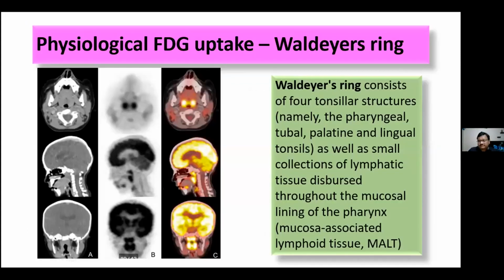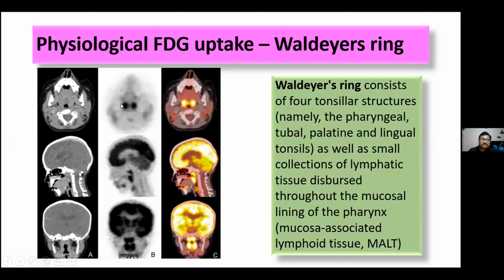Now, this in children is very common. Physiological uptake in the Waldeyer's ring. The Waldeyer's ring consists of 4 tonsillar structures: the pharyngeal, tubal, palatine, and lingual tonsils, as well as a small collection of lymphatic tissues dispersed throughout the mucosal lining of the pharynx, what we call the MALT. So this is common in children.